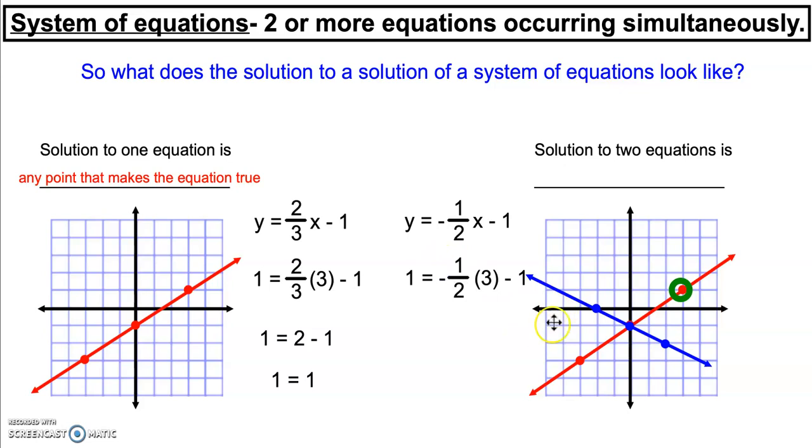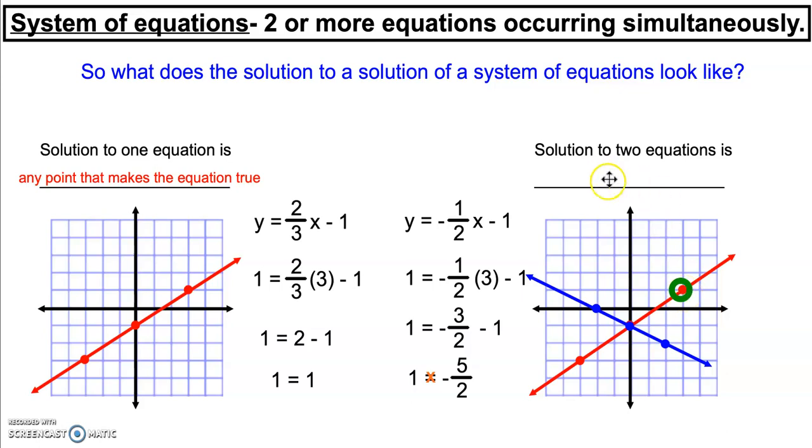Well, it shouldn't be because that point is off of the line. So when I plug in an x value of 3 and a y value of 1, I get -3/2 minus 1, which is -5/2. And -5/2 is not equal to 1. So the point 3, 1 isn't a solution to the system.